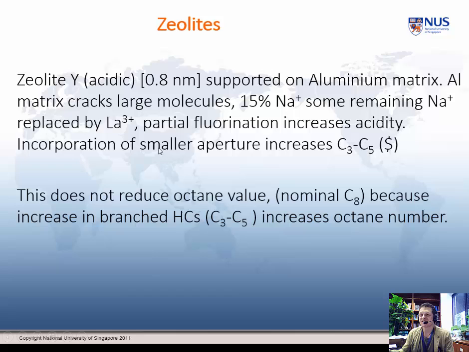Partially fluorinate it, that increases the acidity further, and effectively also gives you smaller aperture, which actually makes the thing more effective. Remember, petrol goes straight through, so it doesn't reduce the octane value.